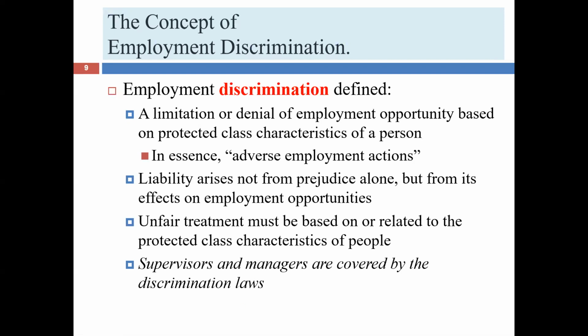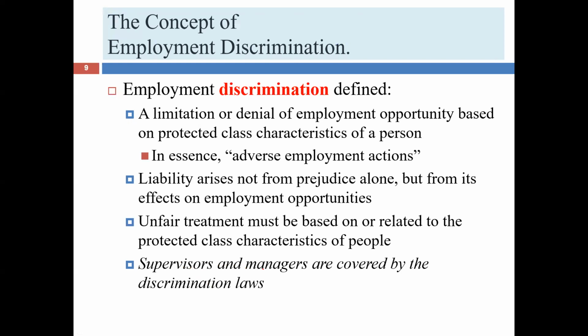We talked in a previous presentation about the definition of employee. And under the case of the National Labor Relations Act, we discussed how supervisors and managers were not included in the definition of employee. Well, just to be clear, in the employment discrimination statutes, including Title VII, supervisors and managers are included in the definition.